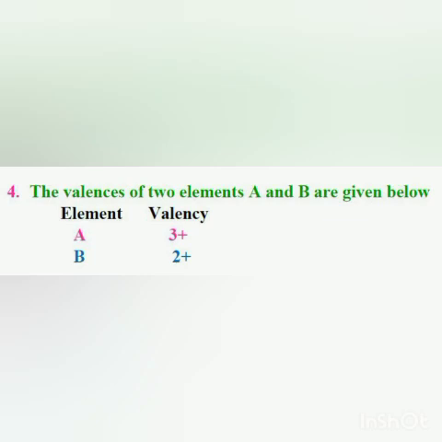So sulfate is SO4. Now the valency of A is 3 plus. When you see table 3.6 on page 37, you will see that on top of sulfate SO4 minus 2 is given. So that means minus 2 is the valency of sulfate.